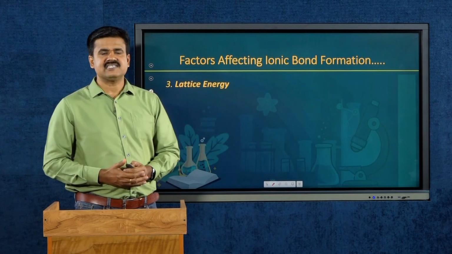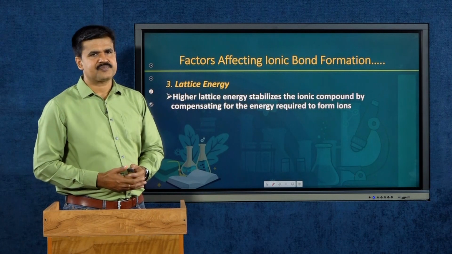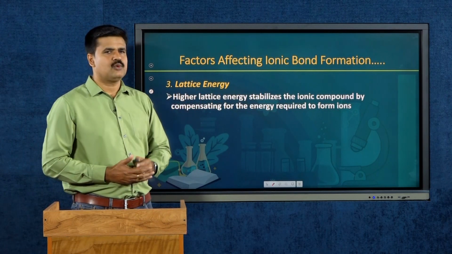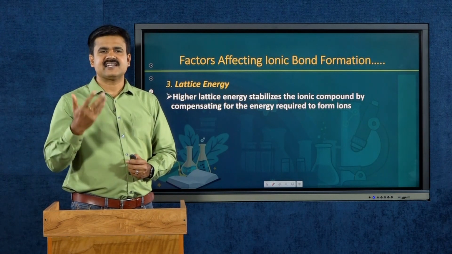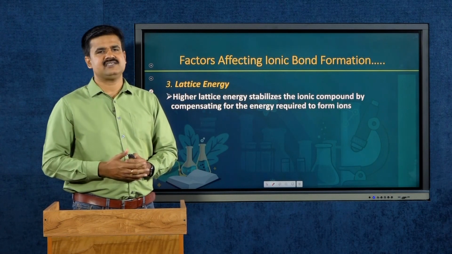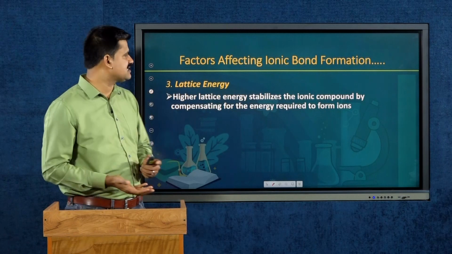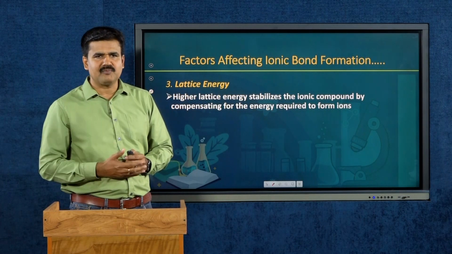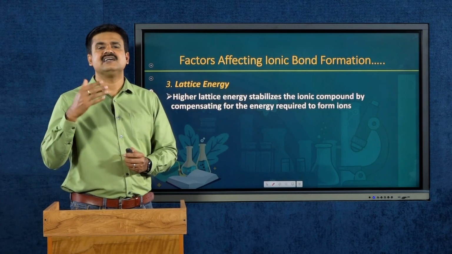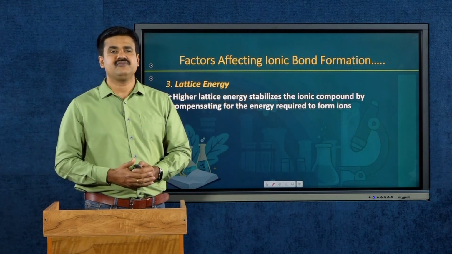Another factor is lattice energy. A higher lattice energy of the ionic crystal generates extra stability. This implies that higher lattice energy stabilizes the compound by compensating for the energy required for the formation of ions.